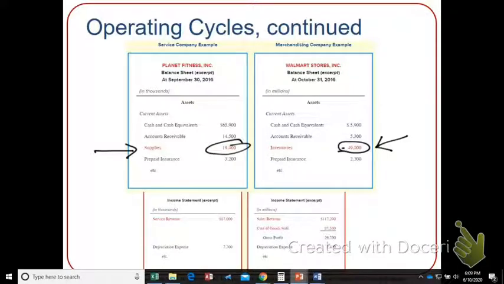Then when you come down here, all you have at Planet Fitness is service revenue and expenses, whereas at Walmart, you have something called cost of goods sold. It means that whenever you have sales revenue, we sold those items for $117 million, but it cost us $87 million to buy them.